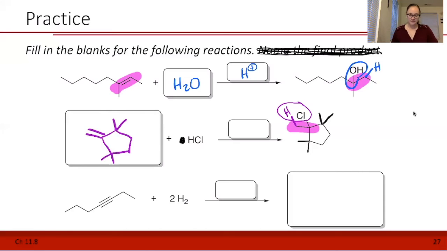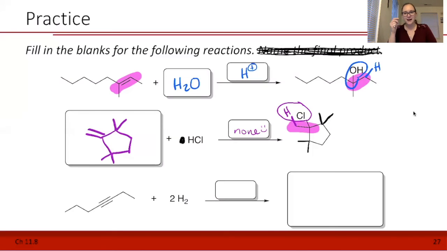There we go. And put the alkene where the HCl was. Then let's look and see what reagent we needed above our arrow. And for hydrohalogenation, we actually don't need a catalyst, so none. Trick question. You're welcome.